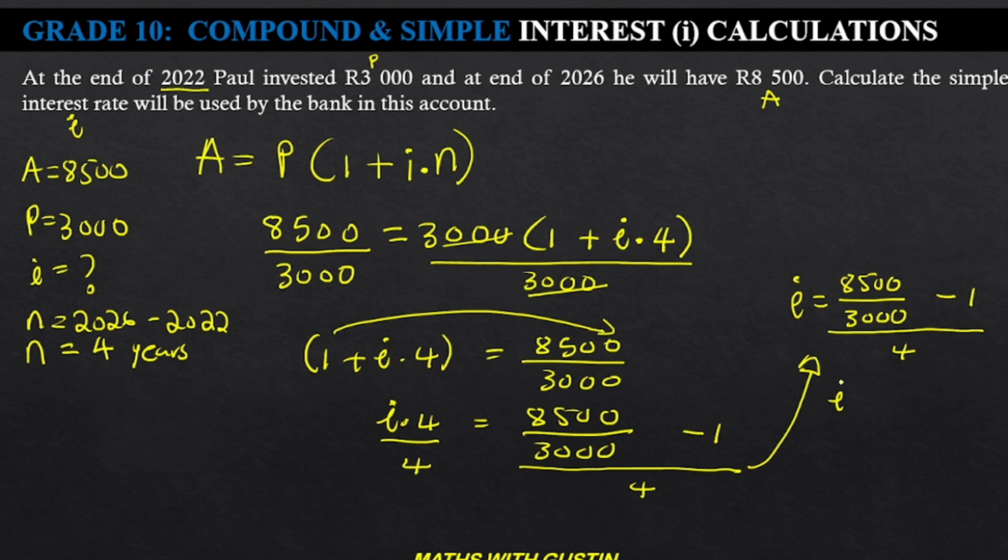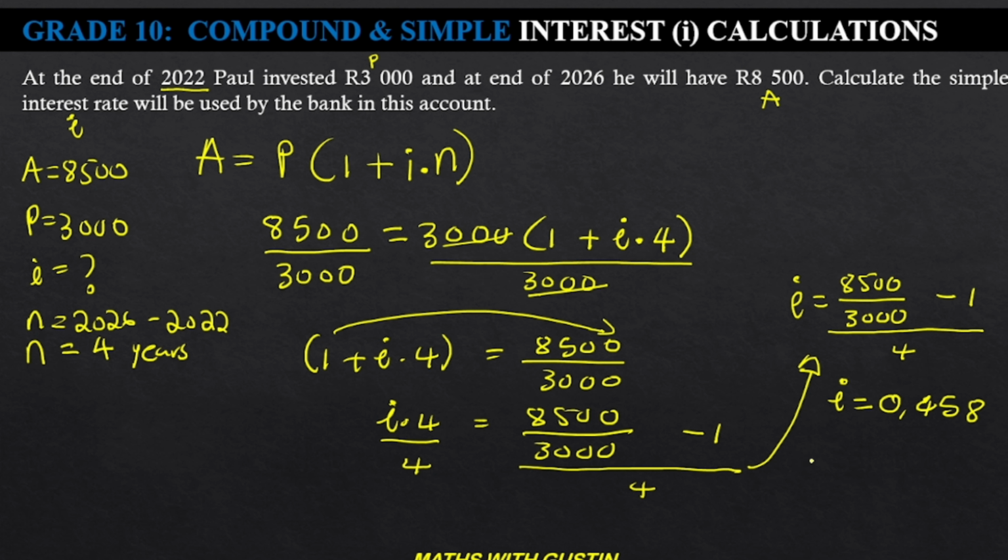Now I'll go to my calculator and put everything that is here into the calculator and see how much we are going to get. Here we go. This is how much I'm getting: 0.458.